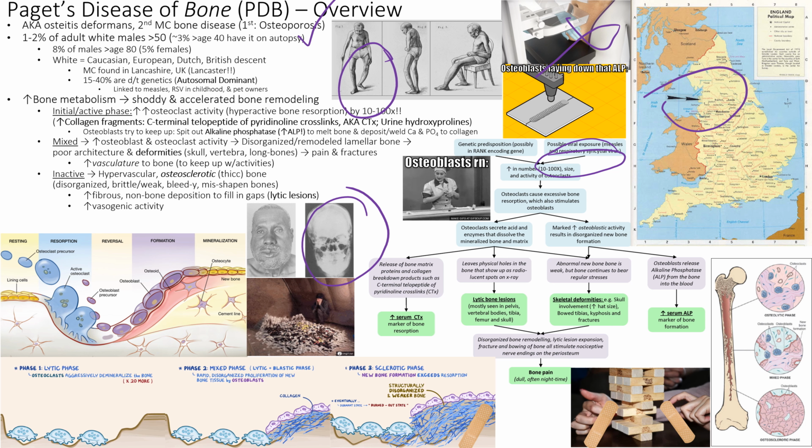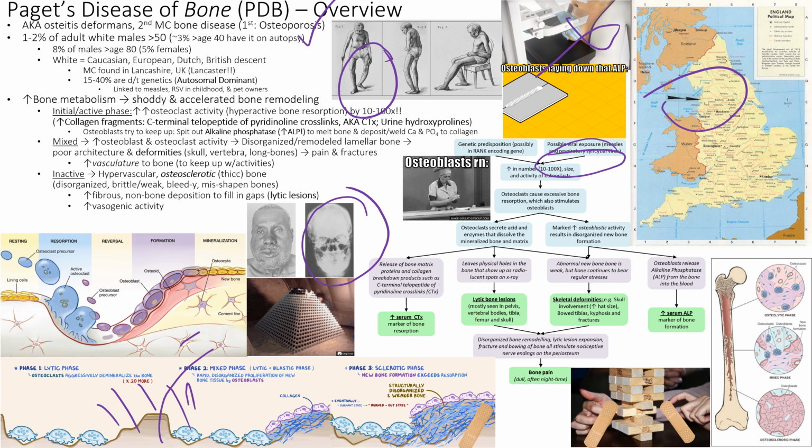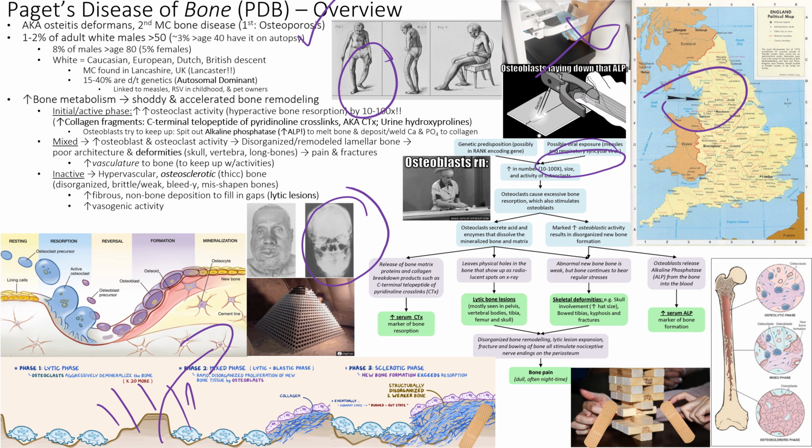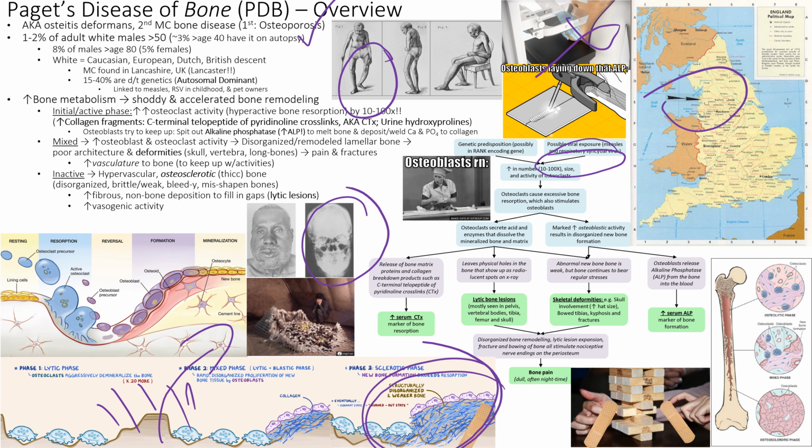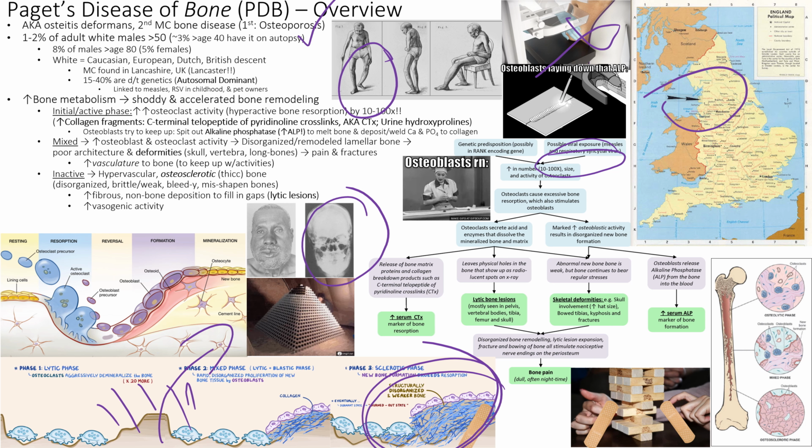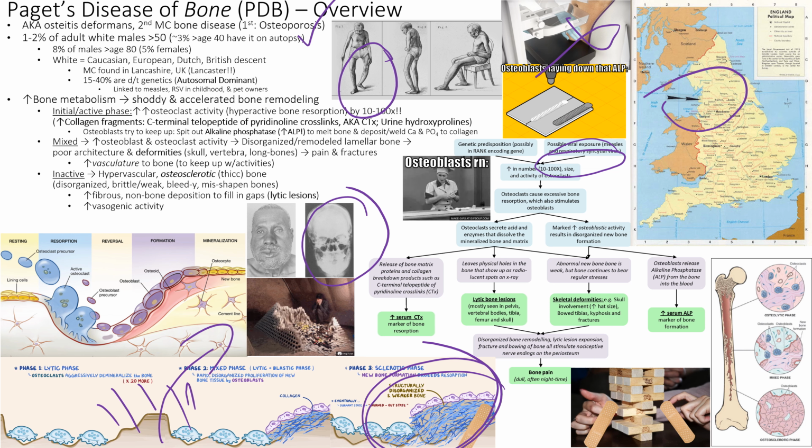They're eating up collagen fibers, and you can measure those collagen fibers in the bloodstream. The osteoblasts are laying down all of that calcium phosphorus, and you can then get a rise in alkaline phosphatase. Alkaline phosphatase is what osteoblasts use to weld the calcium phosphorus to the collagen matrix.